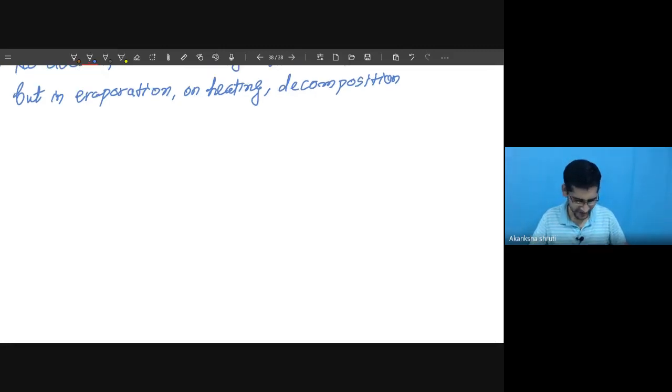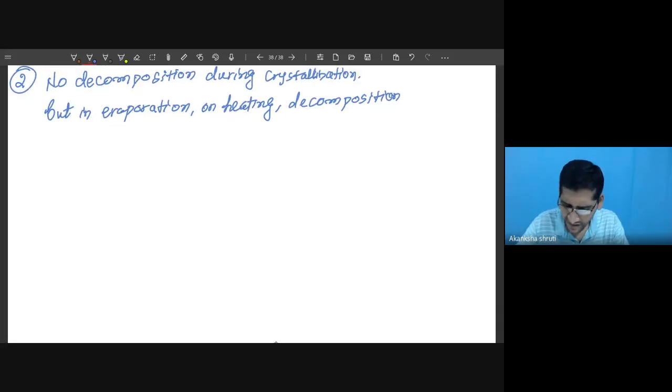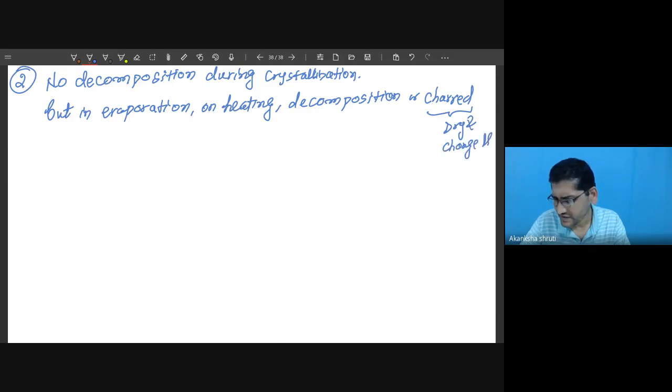Shedding means it becomes dry, like charcoal formation; it dries and changes its form.